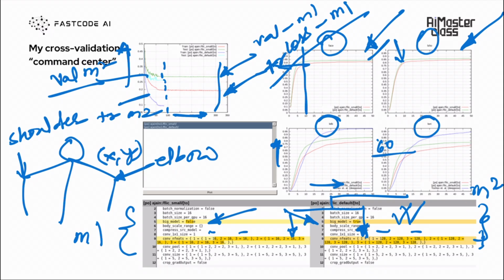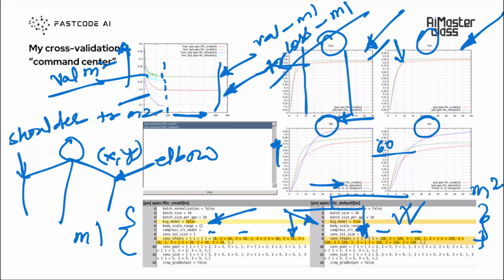This error is called the PCK metric, and what it says is, if I draw a ball of say 10 pixels around my true face joint, what percentage of my data set did I find in that ball? So if I go further, then a ball of, let's say, 40 pixels, I get about 90% of my data set.